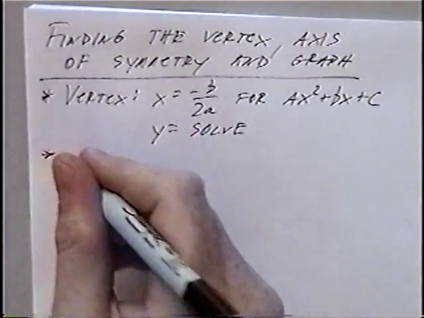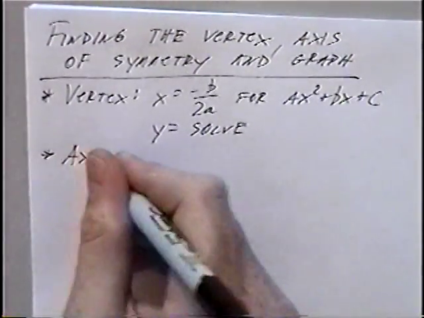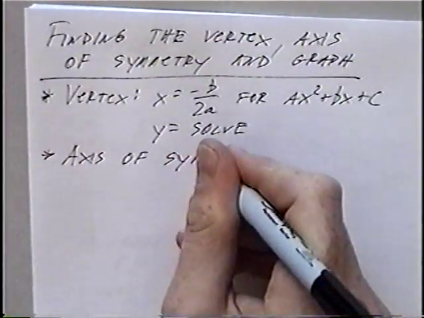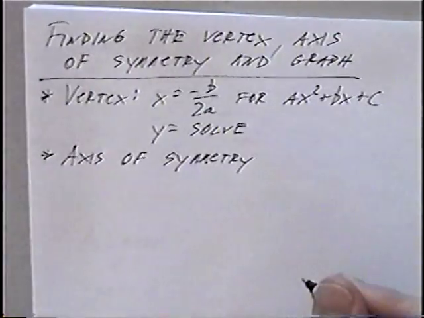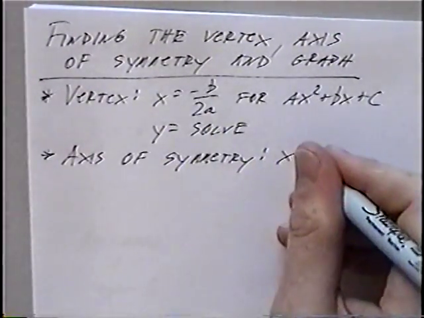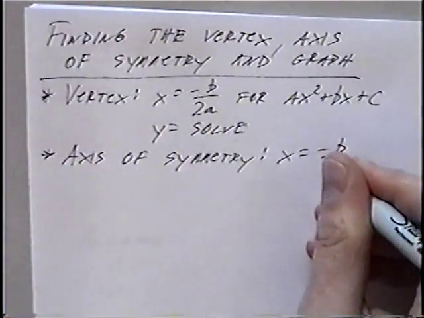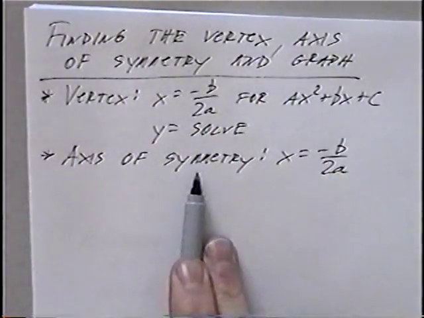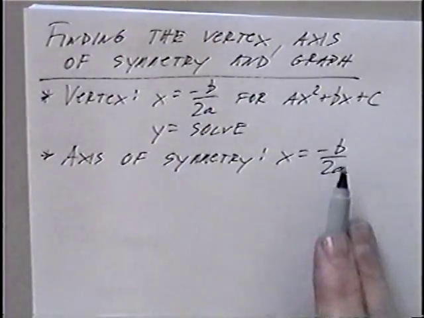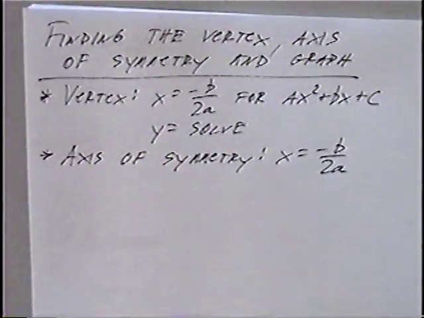Second definition, the axis of symmetry. The axis of symmetry will be the same as the vertex. x equals negative b over 2a. Symmetry means one side of the graph will be the same as the other side. And the line that cuts it in half would be negative b over 2a.